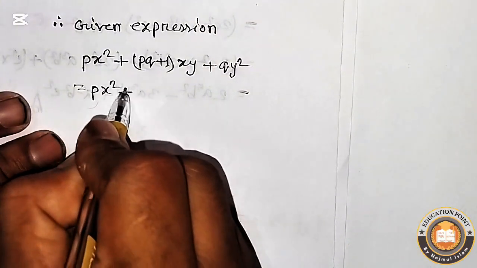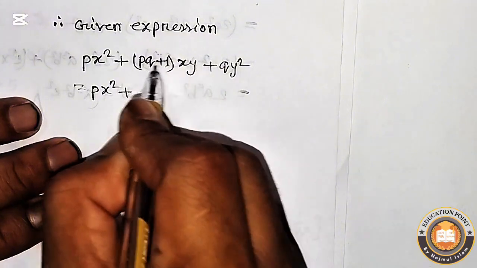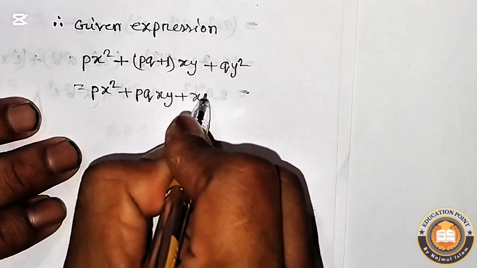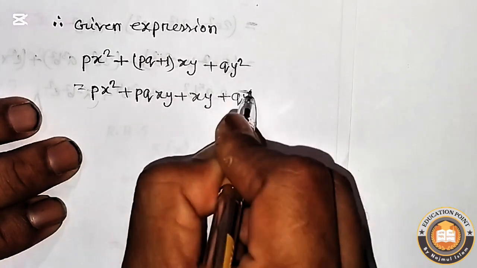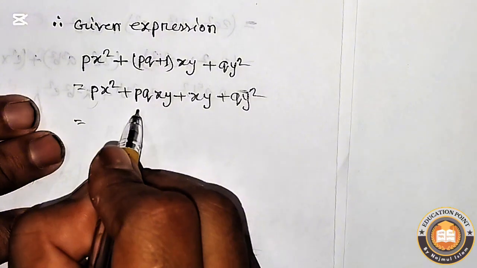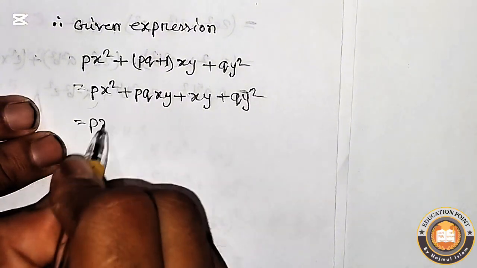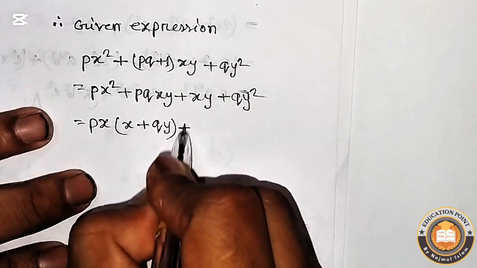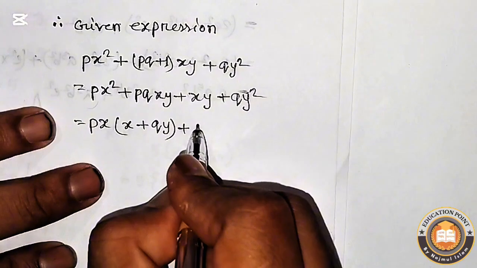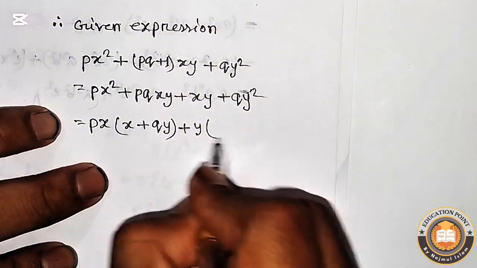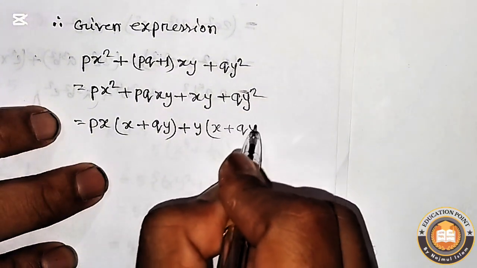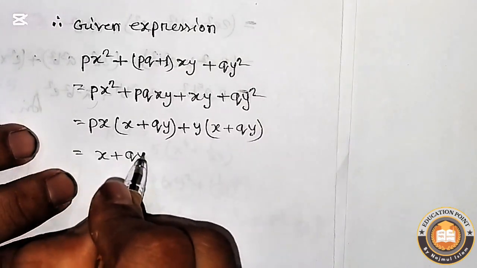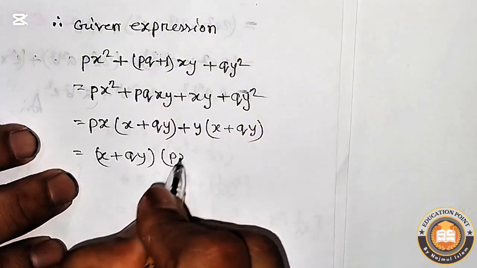So px square plus xy multiplied with pq plus 1, that means pqxy plus xy plus qy square. From the first two terms we can take px common, then we can write x plus qy. Plus from the next two terms we can take y common, then we can write x plus qy. Taking x plus qy common from the expression, into px plus y.